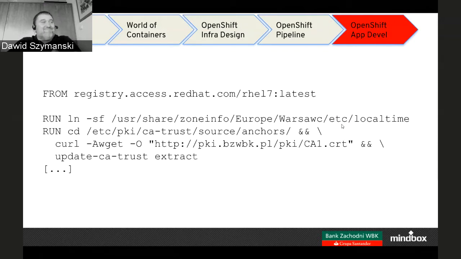But the best thing is that even if it's a mistake, I will be able to fix it in just one place. So it will be awesome. So you can see there is fetching the CA1 CRT from our public website with our public PKI. That's our internal PKI. Update CA trust extract, and the operating system itself already has the bank's certificates, and then on top of this we are building other images.